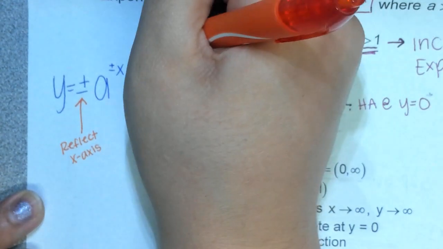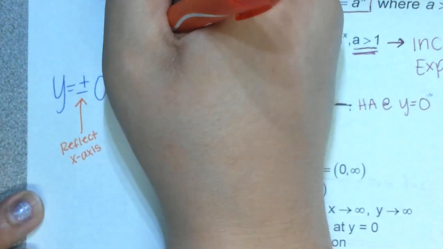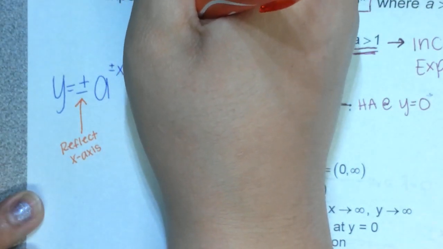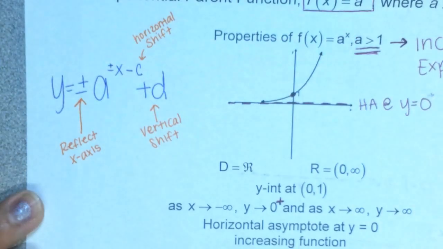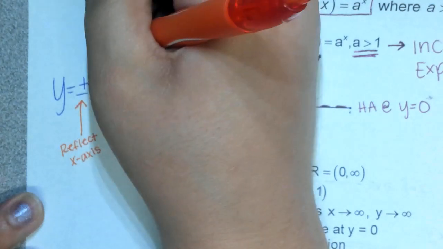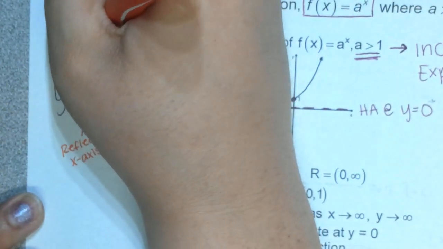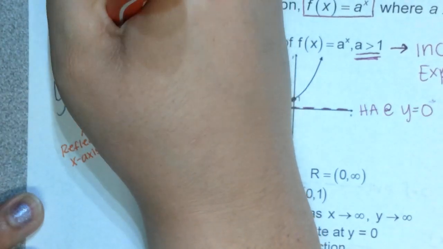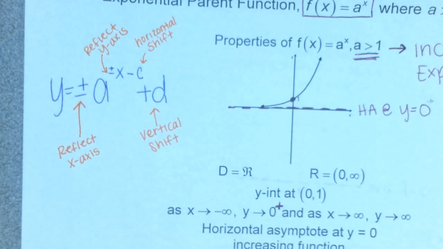And what does this c do? Or a horizontal shift. And last but not least, what would a negative in front of the exponent do? Reflect over the y-axis. So that's basically all the things we just did. So we're done. We are done.